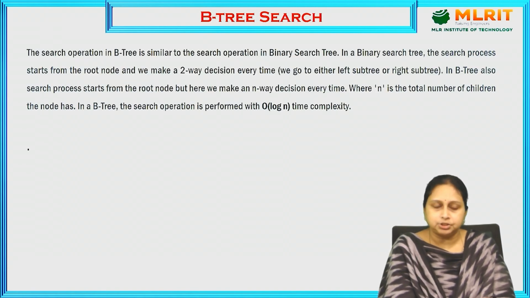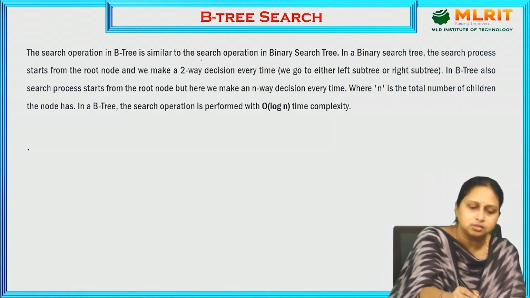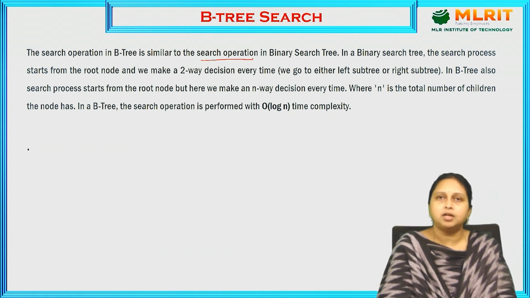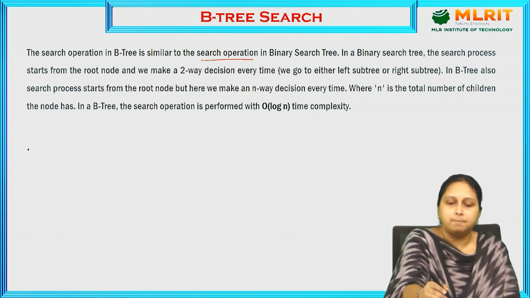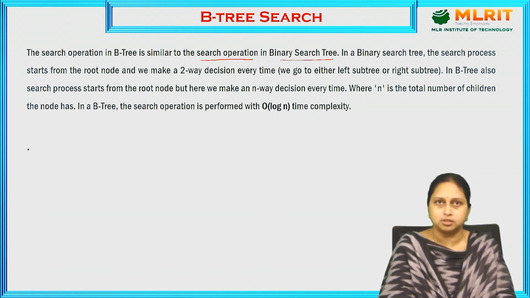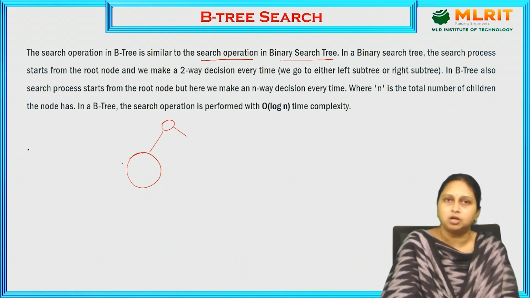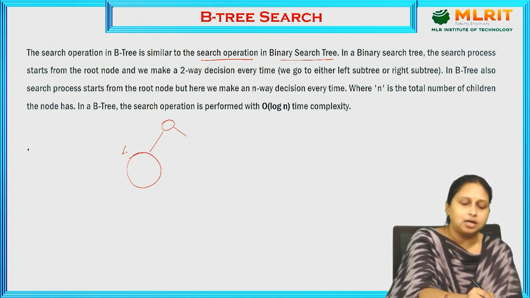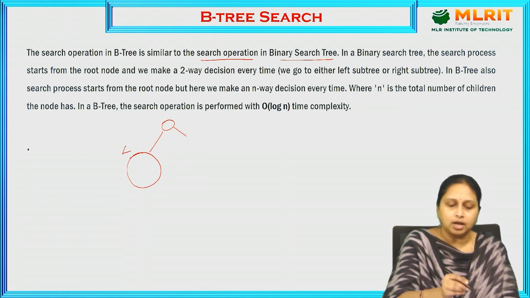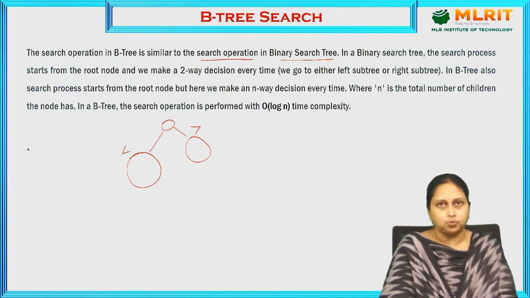Let us first look into B-Tree search, how we are going to perform it. It is similar to the search operation in a binary search tree. In the binary search tree, how do we perform the searching? As you know, the root node has on its left subtree all the lesser elements, and on the right hand side all the elements greater than the root node.